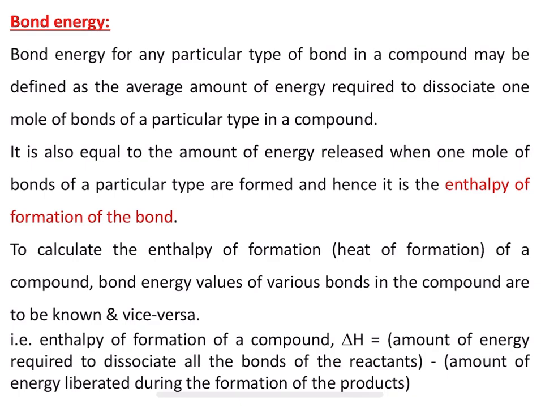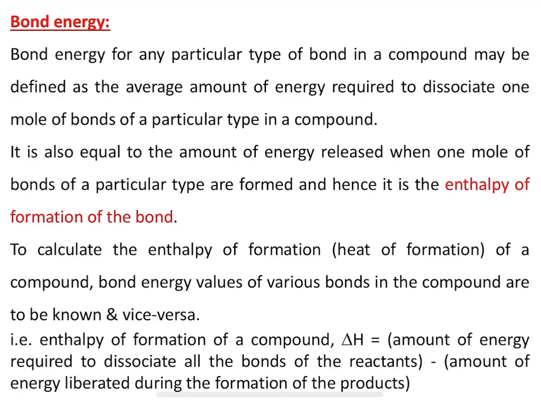It is equal to the amount of energy that is released when 1 mole of bonds of a particular type is formed, and hence it is also called the enthalpy of formation. So this is how we define the enthalpy of formation of the bond, or bond energy.